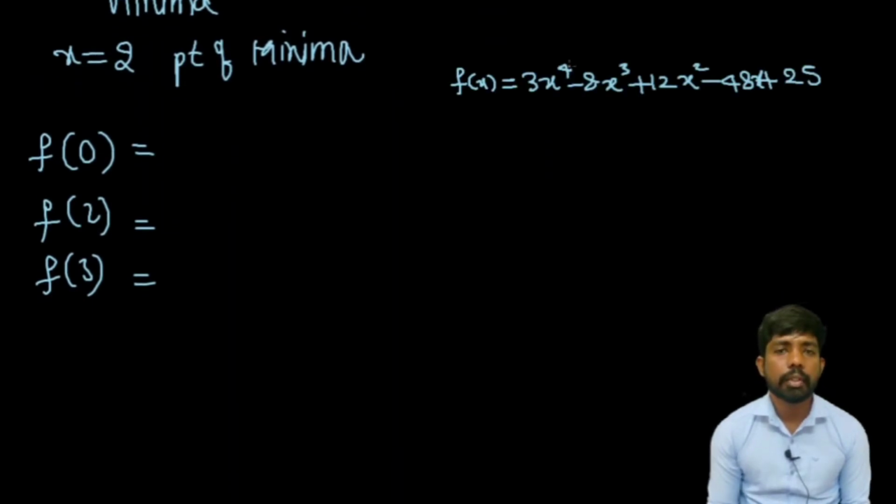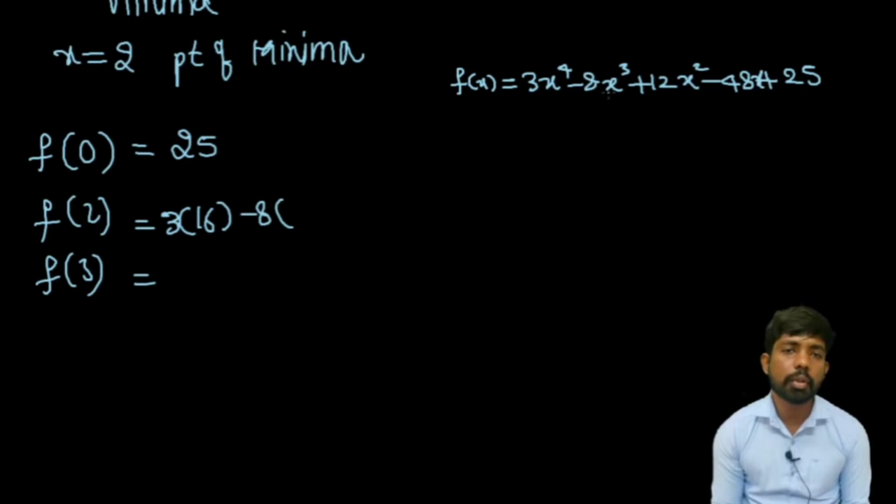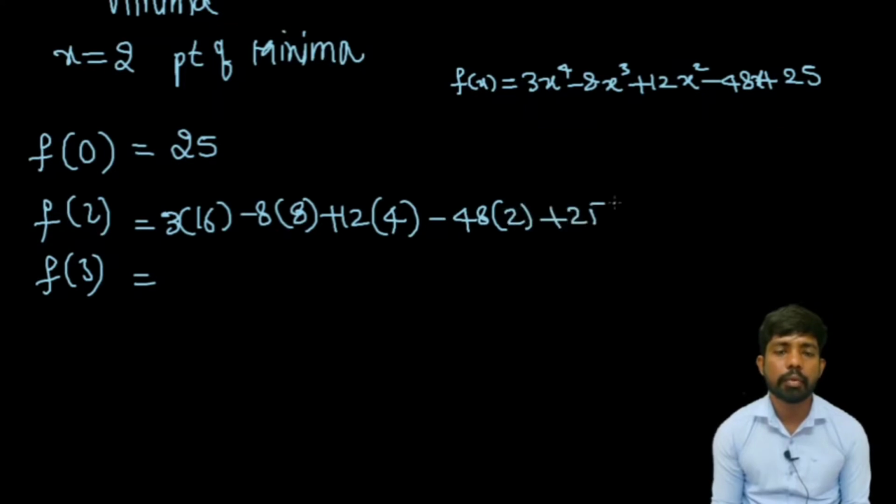f of 0: 0 into something will become 0, everything becomes 0, remaining is 25. This is positive. And if I substitute 2 here, 3 into 2 to the power of 4, 16, minus 8 into 2 cube is 8, plus 12 into 2 square is 4, minus 48 into 2 plus 25.